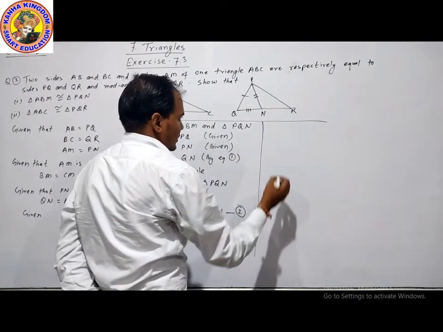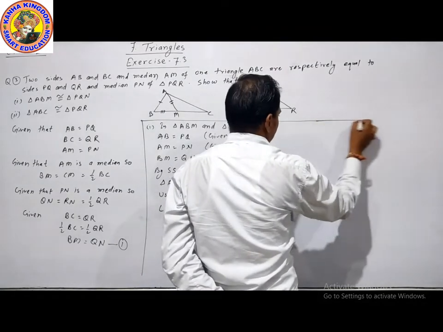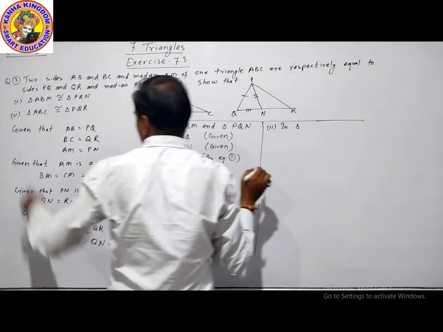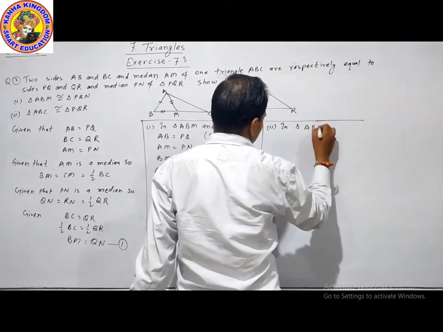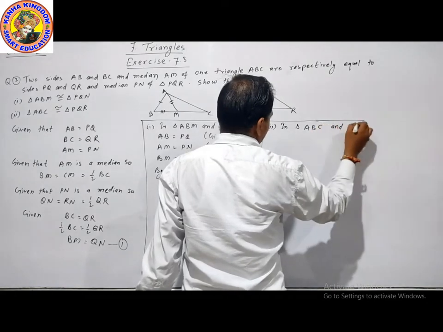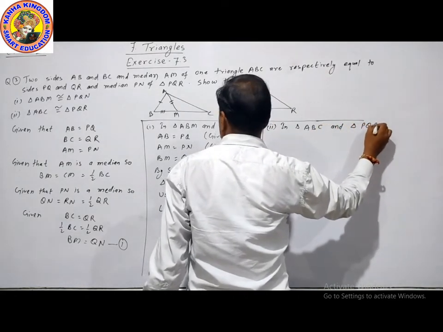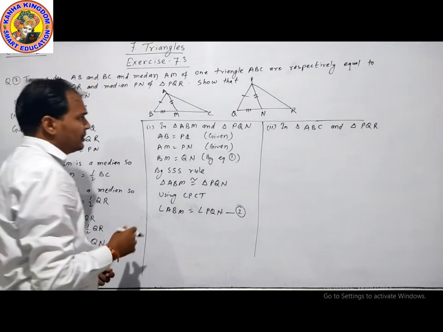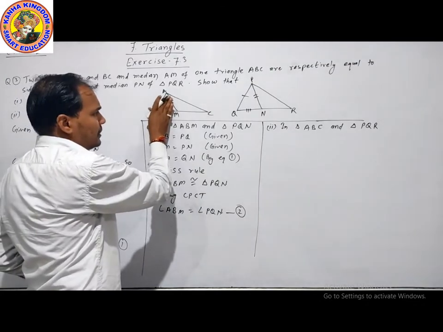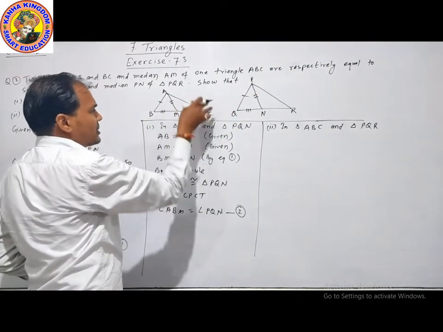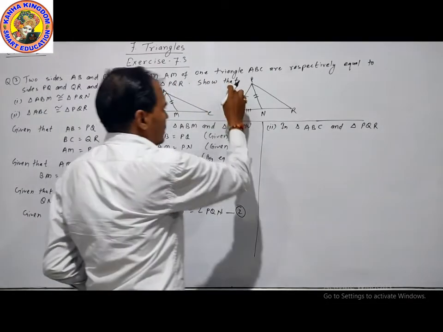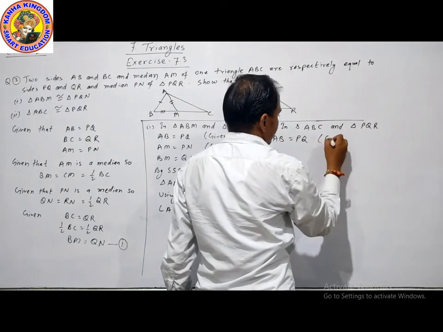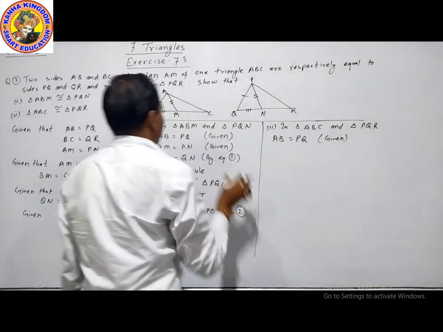Let's take the second question. Question number second. In triangle ABC and triangle PQR, these two triangles are congruent. Given in our question, this is our complete triangle ABC and PQR. Given that AB is equal to PQ, which is given in our question.